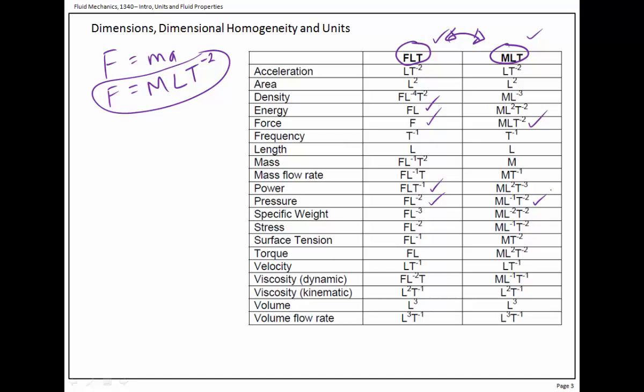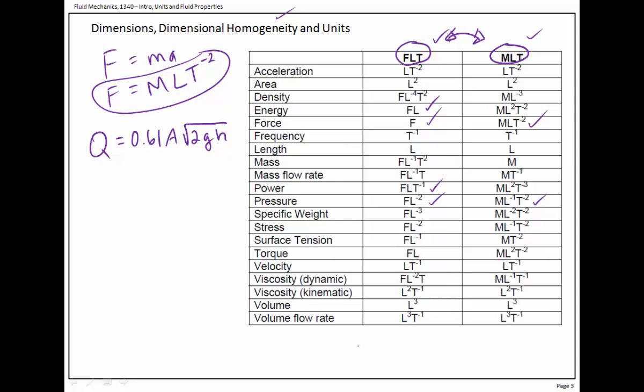One example of dimensional homogeneity that comes right out of your book is an equation where Q is equal to 0.61 times A times the square root of 2gh. This will come up later in the semester, actually. This is the volumetric flow rate.